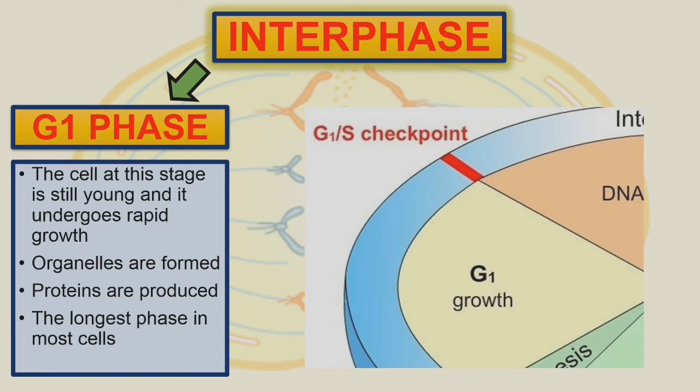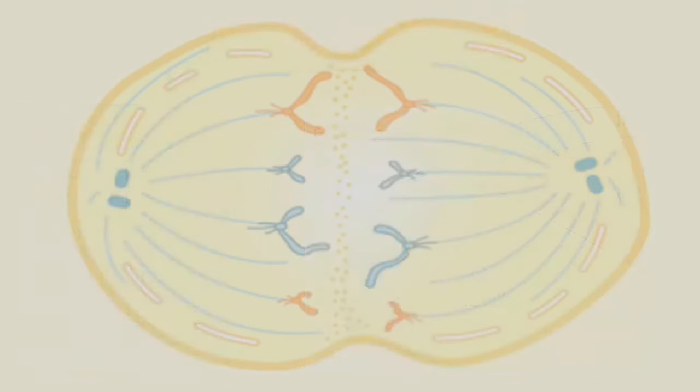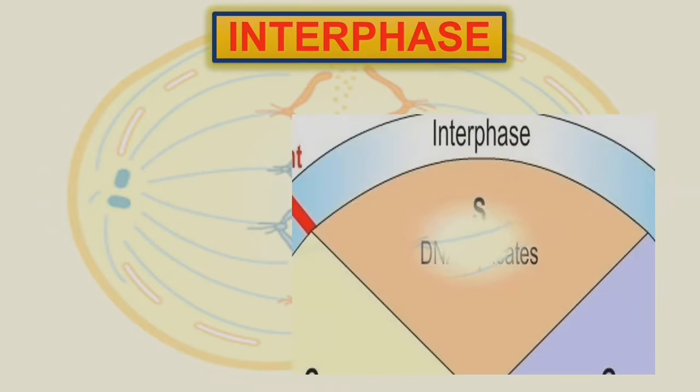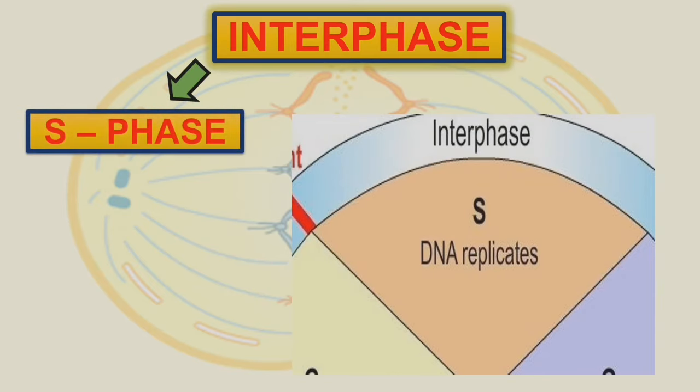In addition, the mechanism at this stage is activated to ensure that all materials are ready and complete before undergoing the next stage. The next stage is what we call the S phase or synthesis phase.